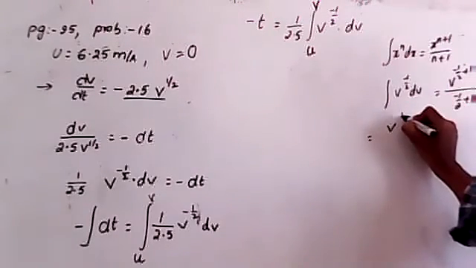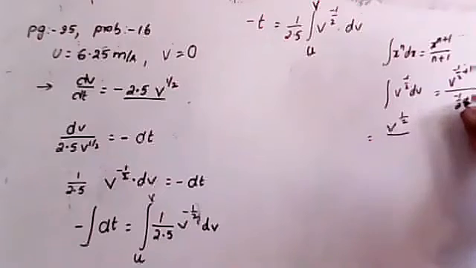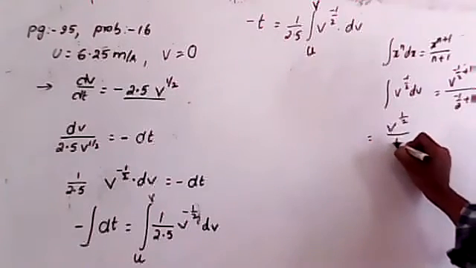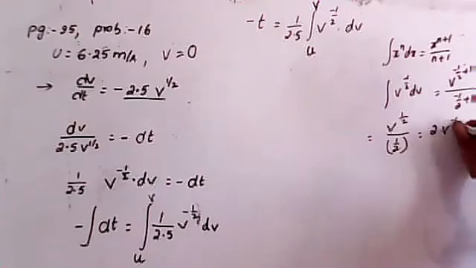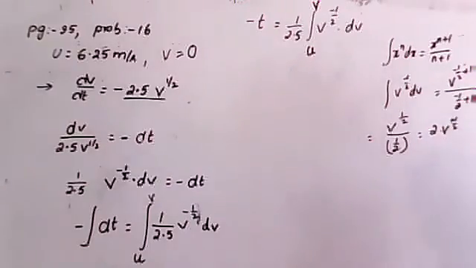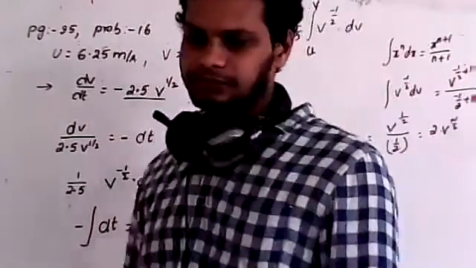That can be written as v power plus 1 by 2 divided by plus 1 by 2. Now 2 goes to the numerator, so 2 into v power plus 1 by 2.